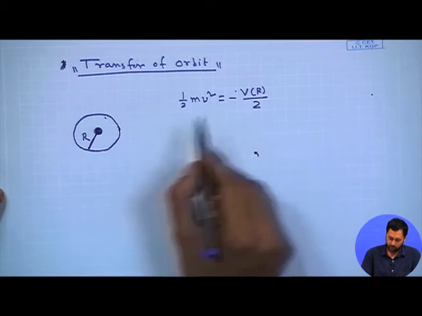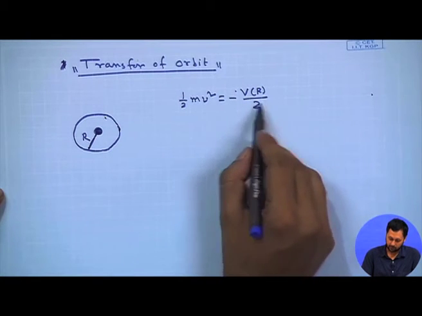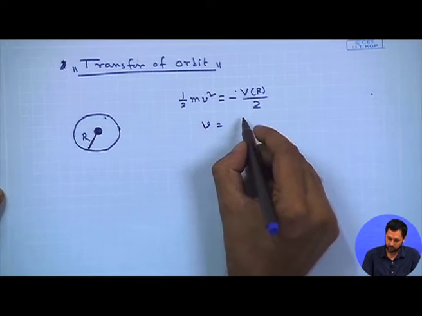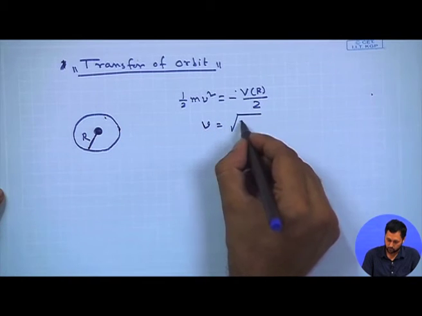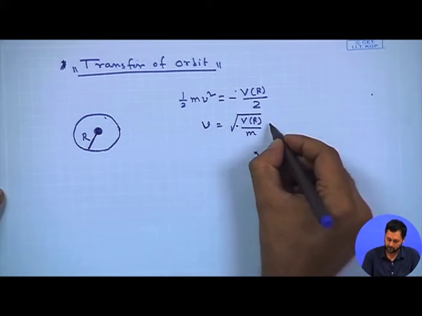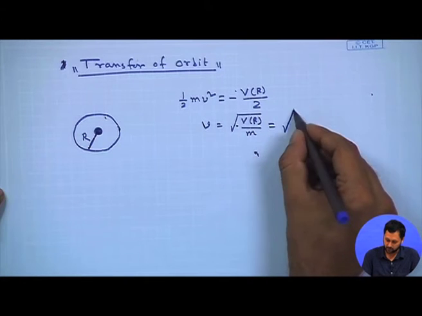Because you are in a circular orbit, the total energy is given by minus V(r) by 2, and this will give you a velocity v which is equal to root of minus V(r) by m.